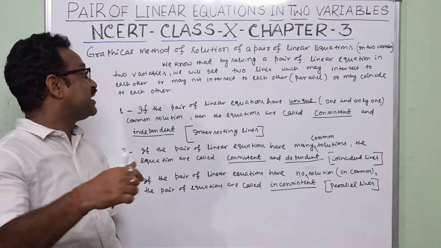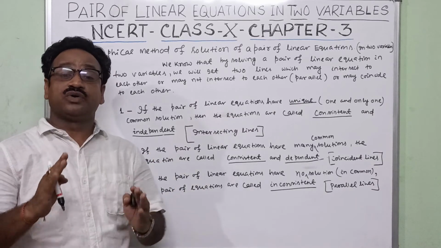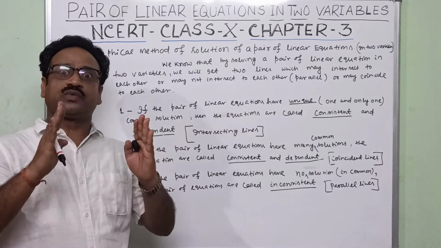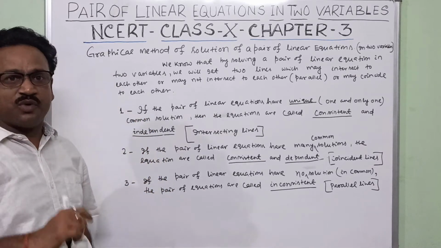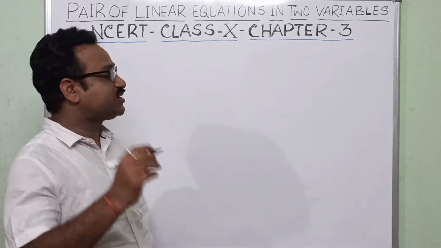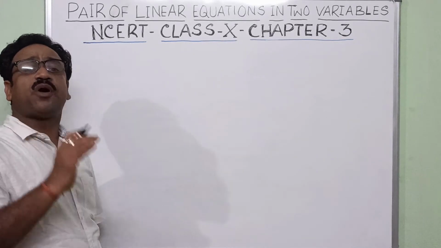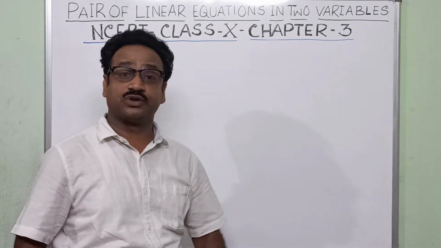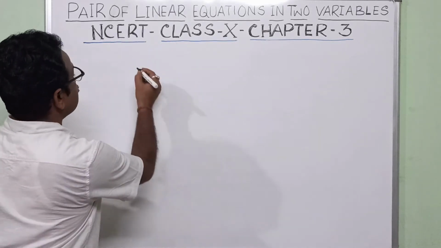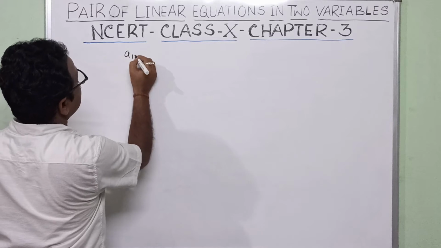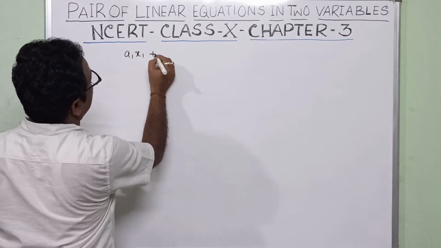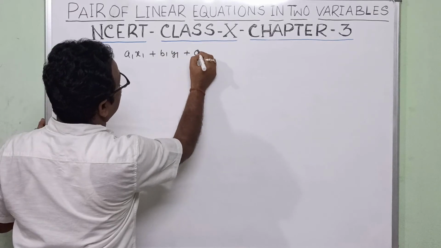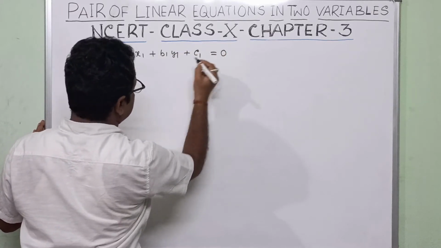Now we will move into the next part. How, without solving the graph, we will know that the lines are intersecting or coincident or parallel. Move on to that part. Now we will take the general form of linear equations in two variables, a pair of linear equations. So now a1x + b1y + c1 = 0.